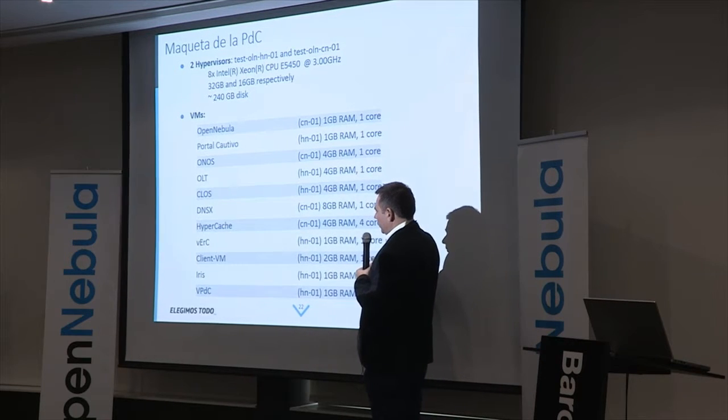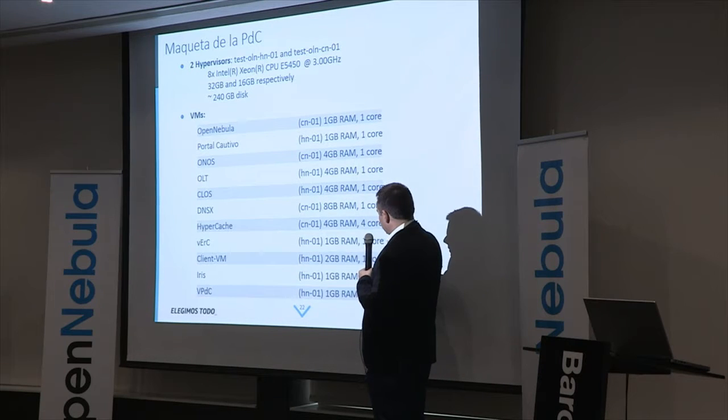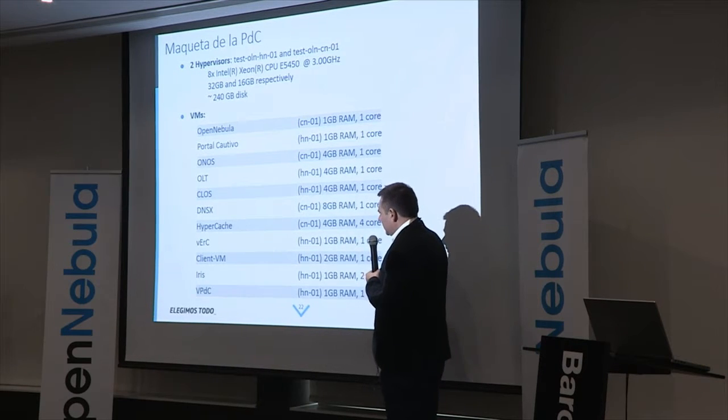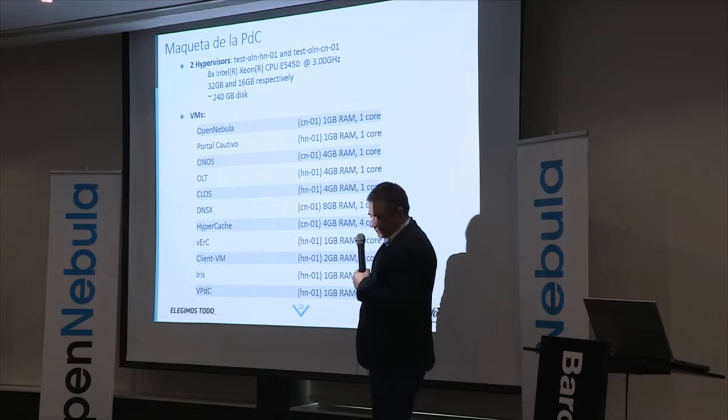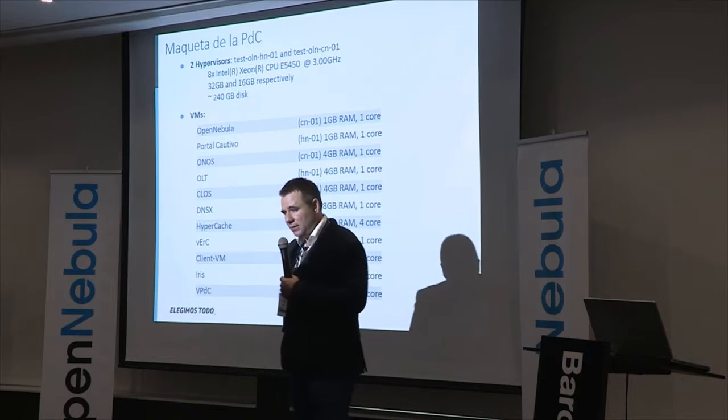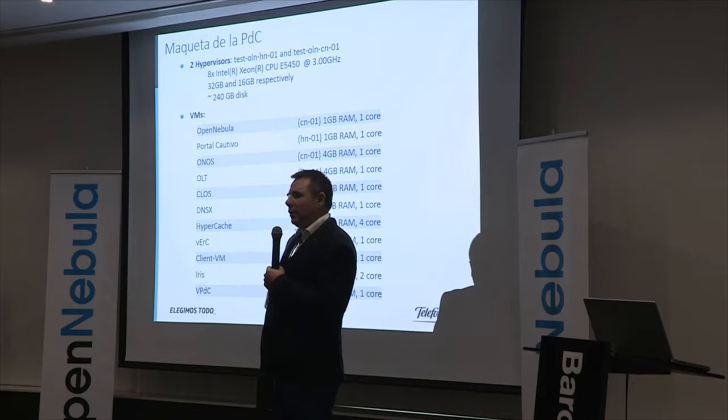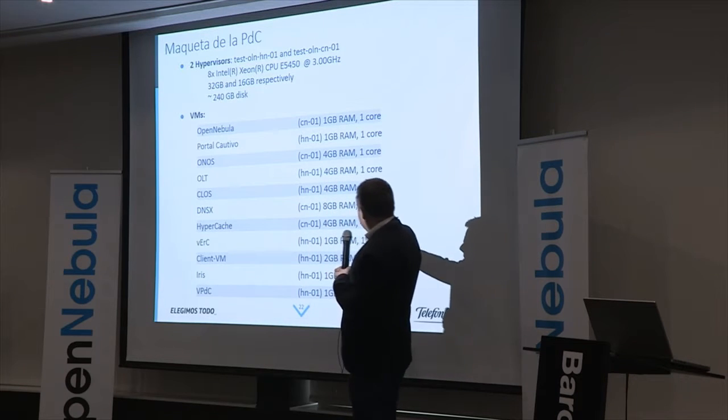This was a virtual machine to emulate a client inside the central office. This Iris machine is something that we did pretty fast as well, because all the elements are running in virtual machines, as you see.